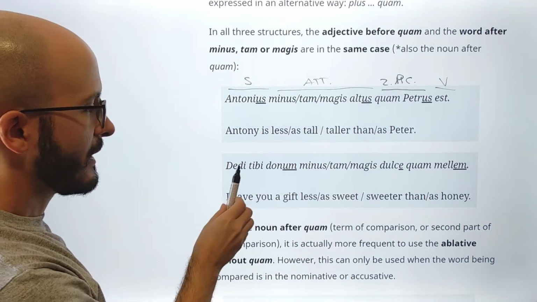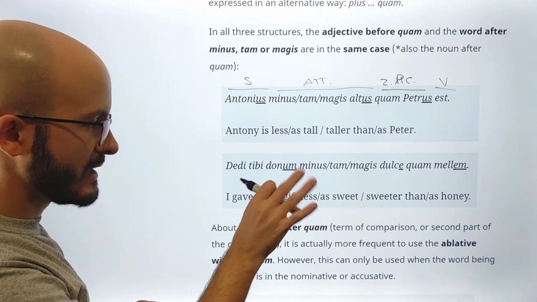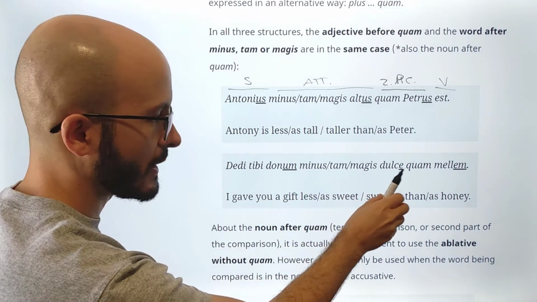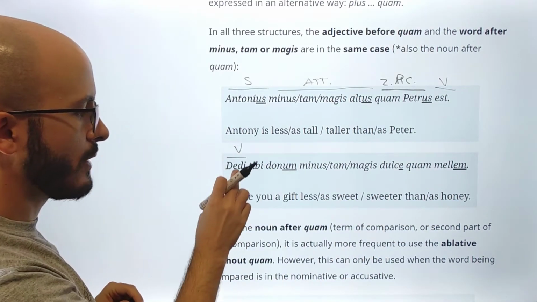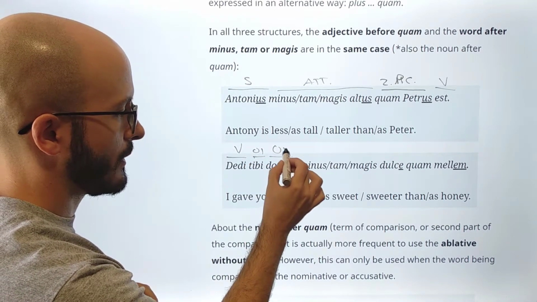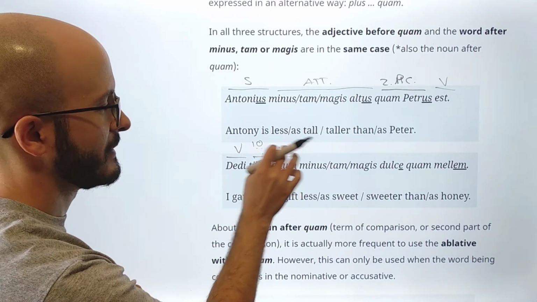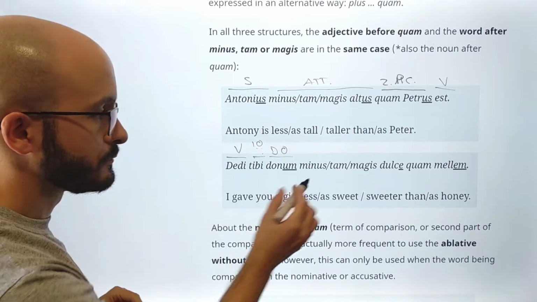Okay? Then, dedi tibi, I mean, I know that this sentence is kind of cheesy, but okay. Dedi tibi donum minus tam magis dulce quam mel. So here we have the verb, I gave you a gift. It should be I owe. Okay, I'm writing this in Spanish. I owe, indirect object, direct object.